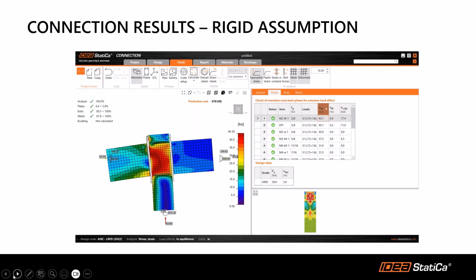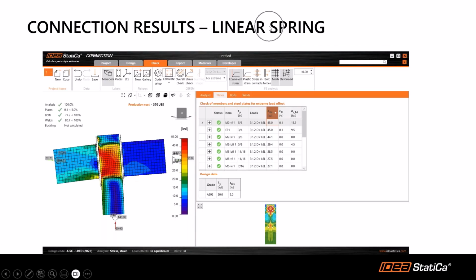If we look at the linear spring assumption, with the stiffness value, you can see that the maximum plastic strain was reduced. For the connection, it's probably not that big a change. It's actually helping it. However, it's important to reassess it only for the member design, right?